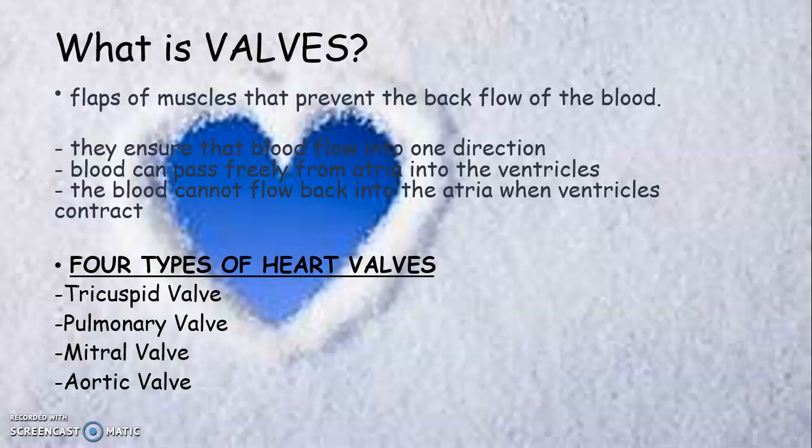The pulmonary valve is located between the right ventricle and the pulmonary artery. The mitral valve is located between the left atrium and the left ventricle, and the aortic valve is located between the left ventricle and the aorta.